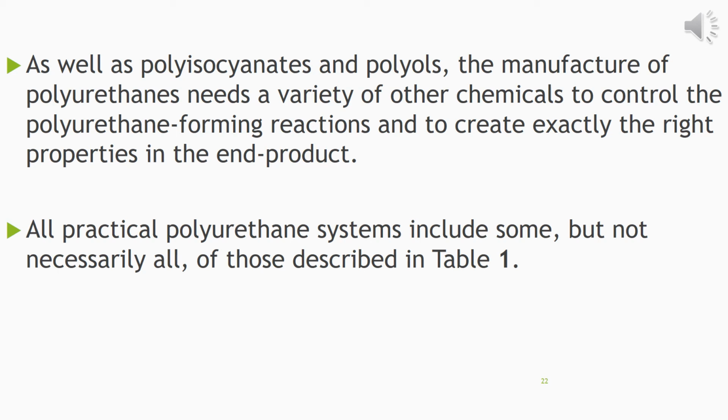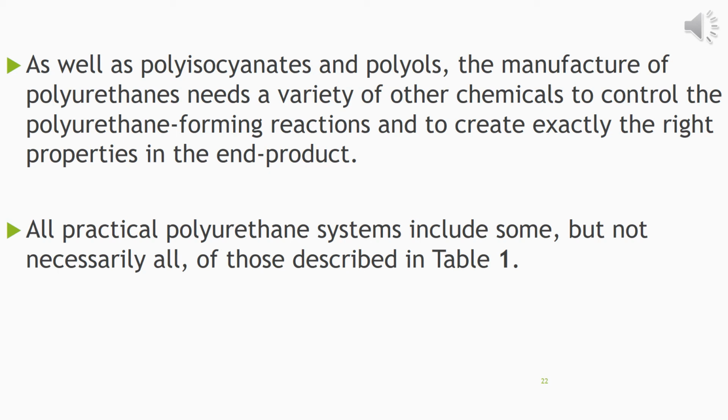As well as polyisocyanate and polyols, for the manufacture of polyurethanes a variety of other chemicals are also needed to control the polyurethane forming reactions and to create exactly the right properties in the end product.